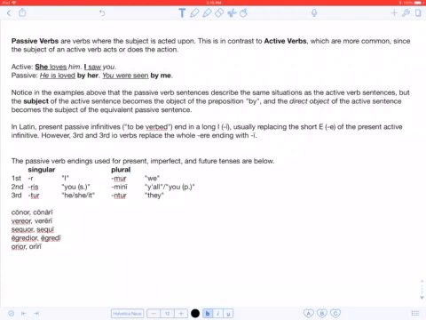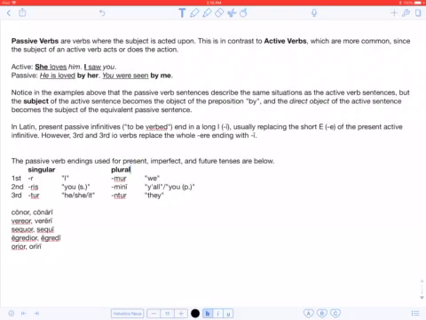All right, so again, overall, notice in the examples above, the passive verb sentences describe the same situations as the active verb sentences. That is, the same things are going on. But the subject of the active sentence, notice that's in bold, becomes the object of the preposition by in the passive, and the direct object of the active sentence becomes the subject of the equivalent passive sentence, okay?